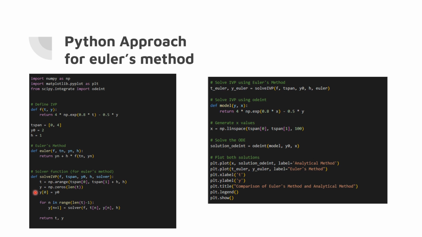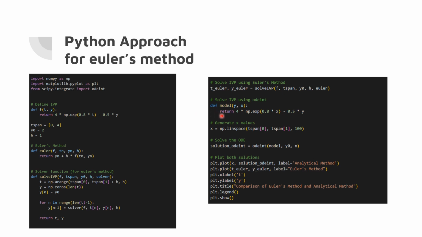But they will then be replaced with the values of y being calculated with this function for our increasing values of t from 0 to 4. And then it returns t and y. And this is just calling the function with our previously defined variables.